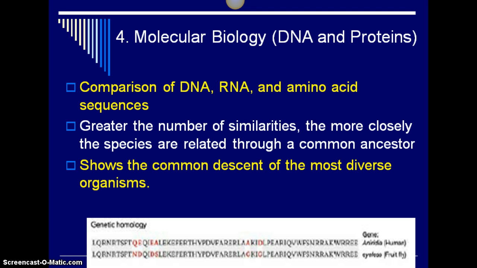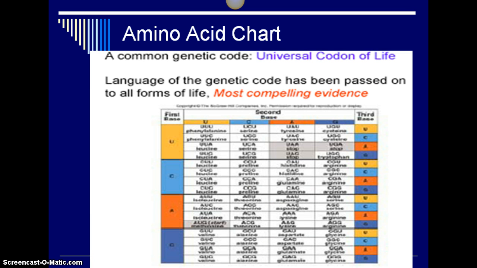If you have a lot of differences, then you would be more distantly related based on different species. Again, we'd be looking at our amino acid chart, and the more protein sequences that you have that are the same, you would assume you have a common ancestor with that other organism.